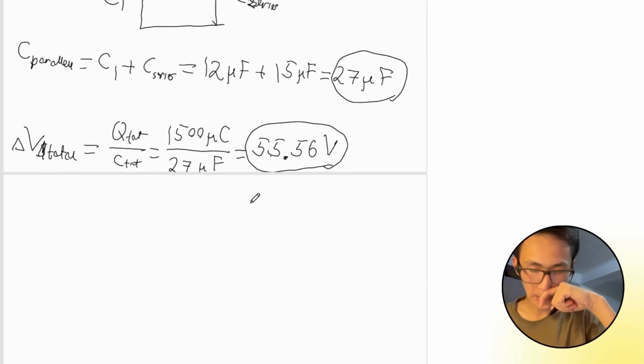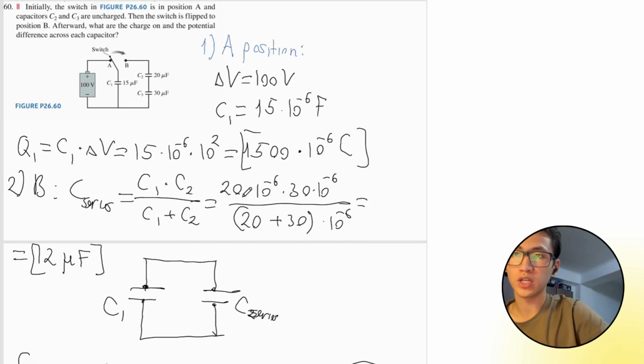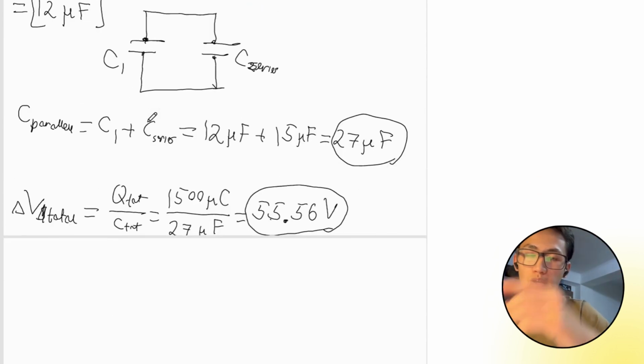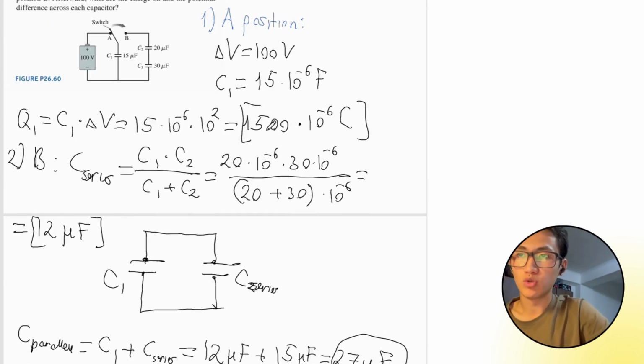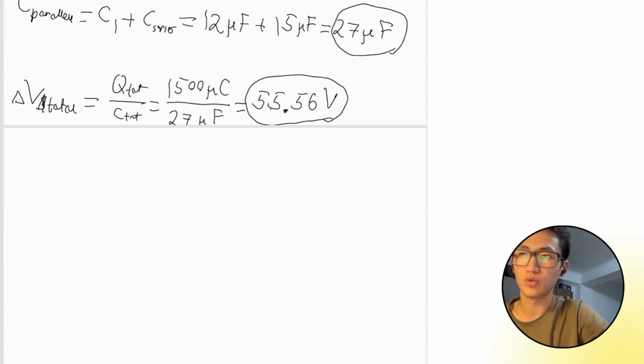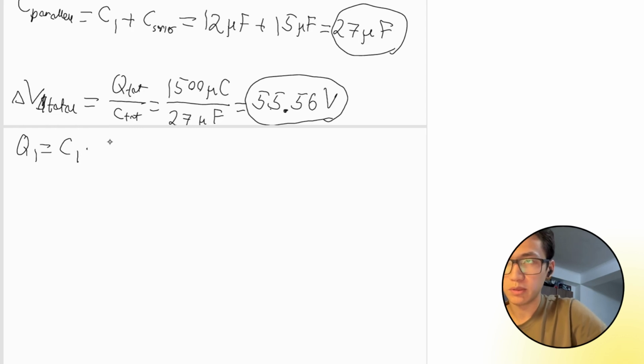Then we need to find Q1, Q2, Q3 and V1, V2, V3, because this is the total. Sorry for my mistake, this is the total. We can find Q1 this way: Q1 equals C1 multiplied by V total.